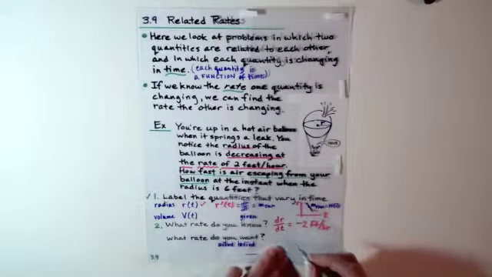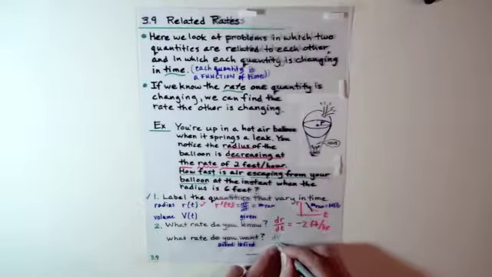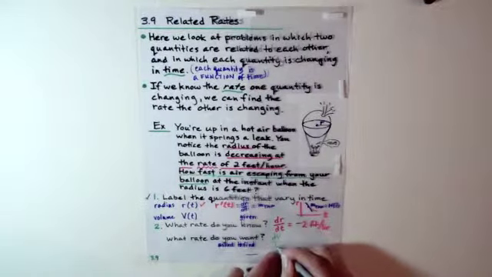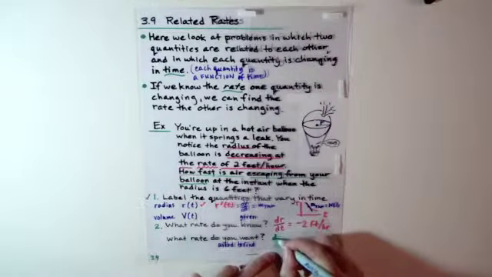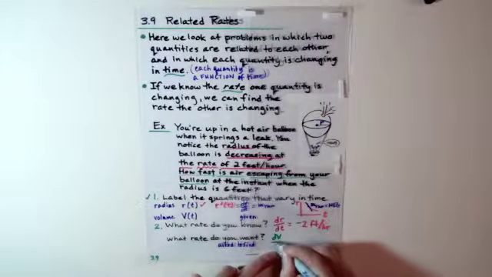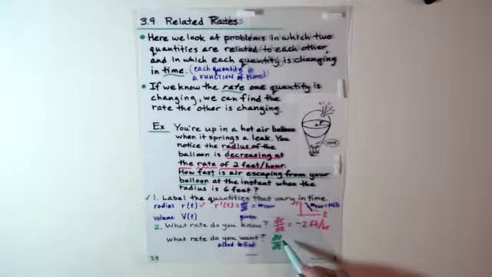Let's write it down in symbols. The thing I want to find is dV dt. I want to find the instantaneous rate that the volume is changing with respect to time.